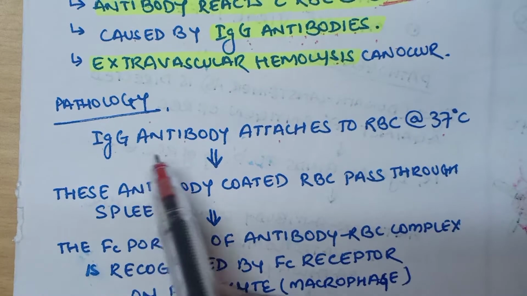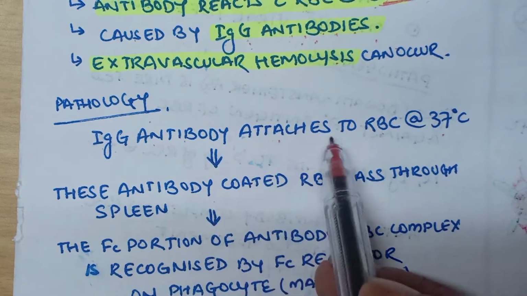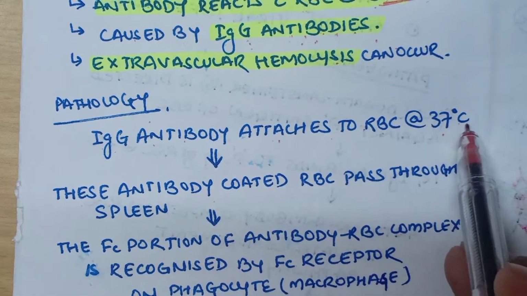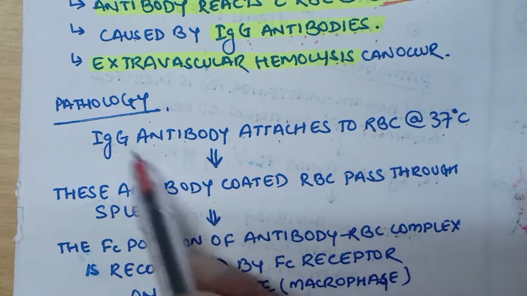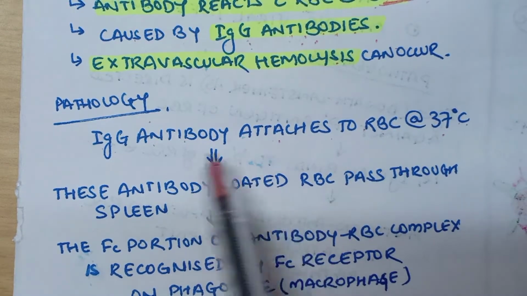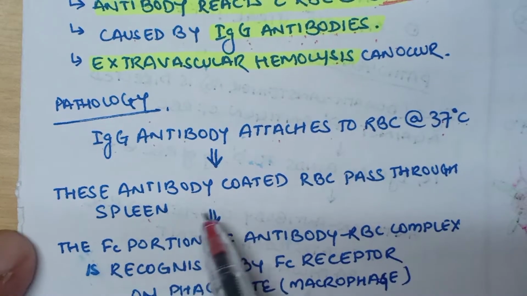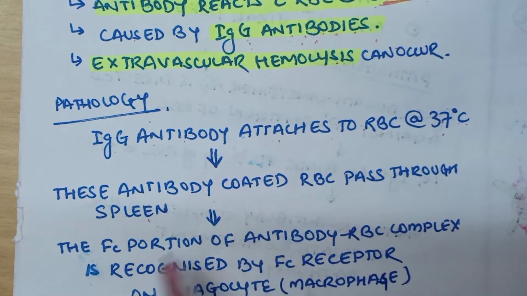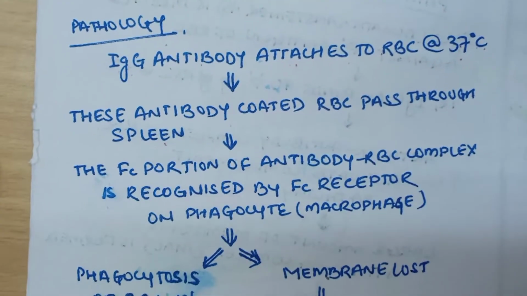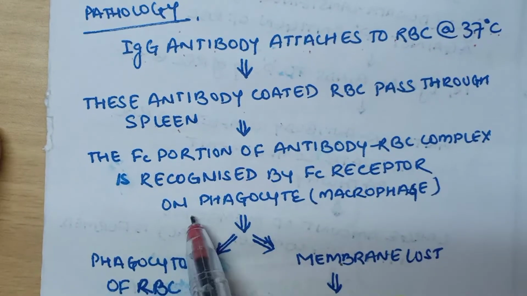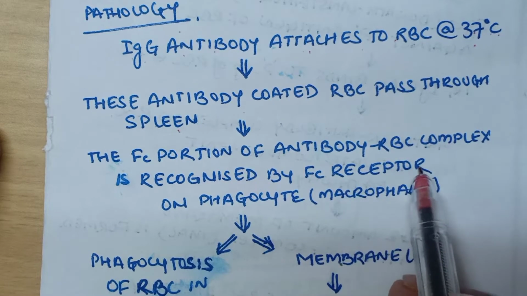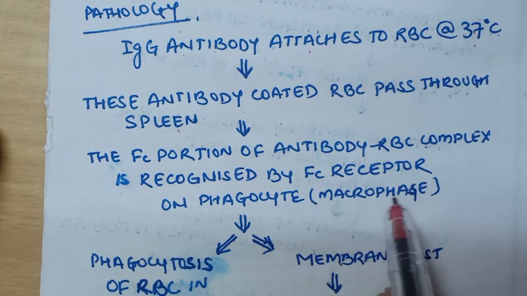When IgG antibody attaches to RBC at 37 degrees centigrade, these antibody coated RBCs will pass through the spleen. When they pass through the spleen, the Fc portion of the antibody-RBC complex is recognized by the Fc receptor on the phagocyte or macrophage.